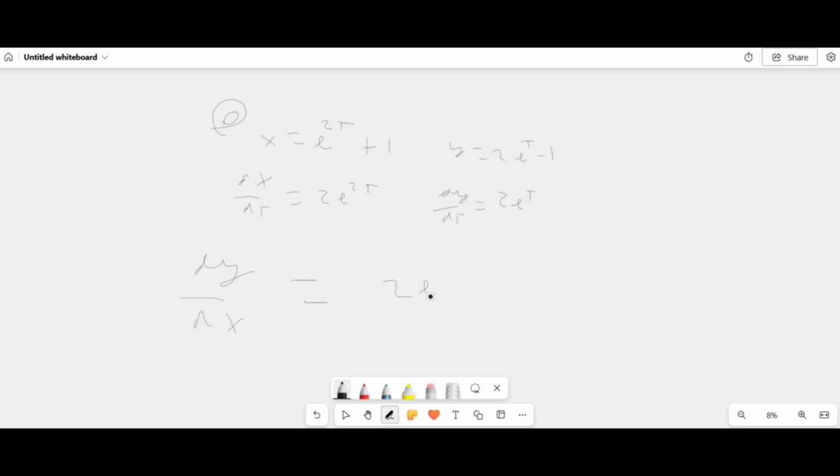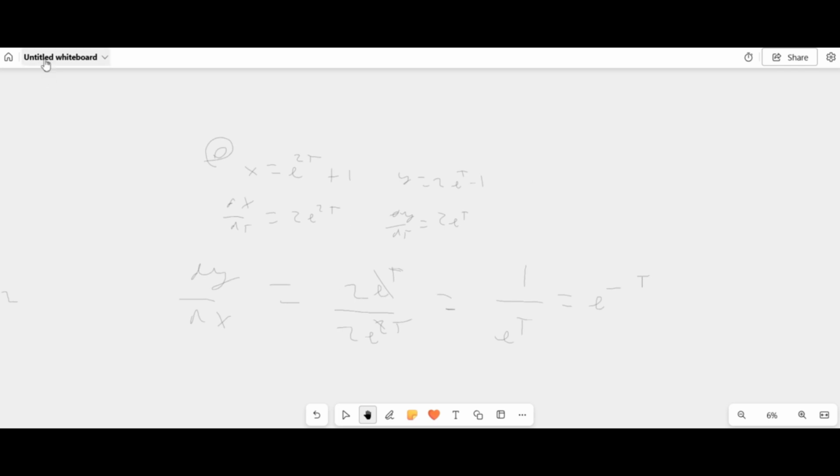So 2e to the power of t over 2e^2t. So 2 and 2 cancels. This is like e^t and this is like e^t squared, yeah? So if you do e^t over e^t squared, that will cancel with that effectively. So you just get 1 over e^t, which is just equal to e to the minus t, yeah?